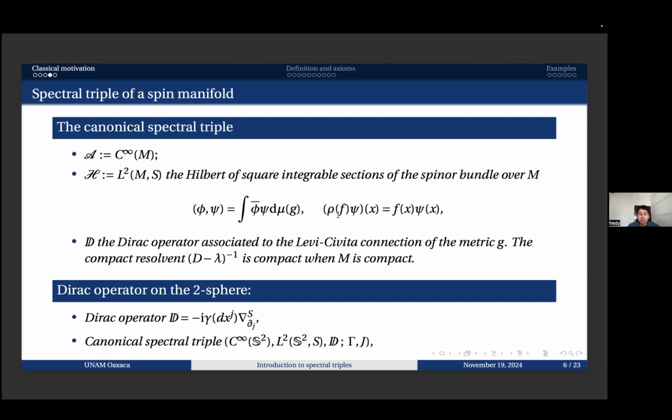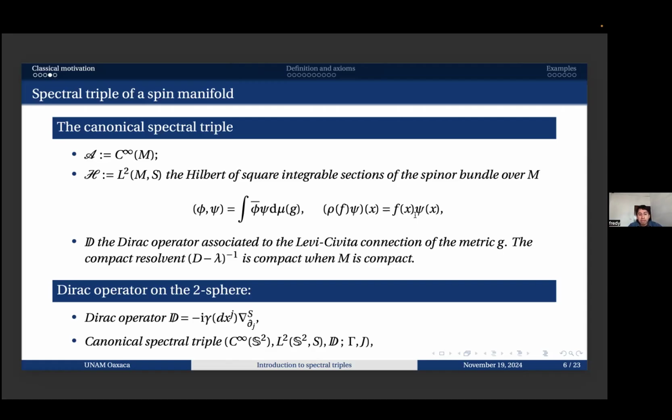There is a long story. And the action is just given by multiplication of sections.